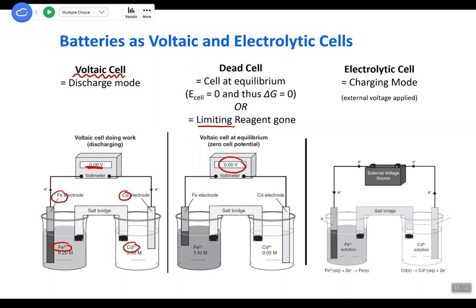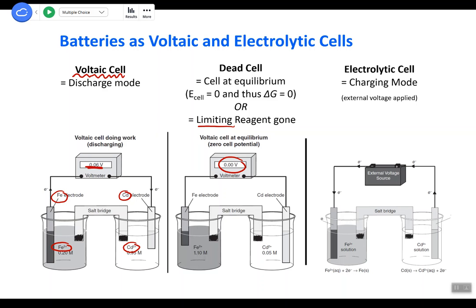If this is a secondary battery, a rechargeable battery, we can come along, apply a power source, apply voltage, and push and pull the electrons and cause the reverse reaction to occur. When this happens, we're operating the battery as an electrolytic cell. Now it's not spontaneous, but we apply voltage to make it happen.